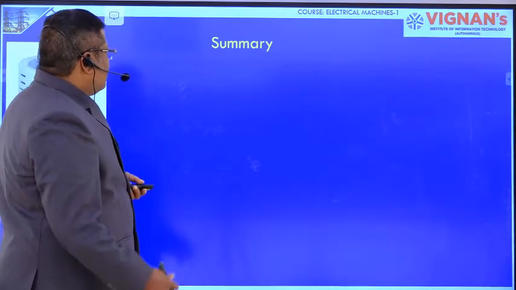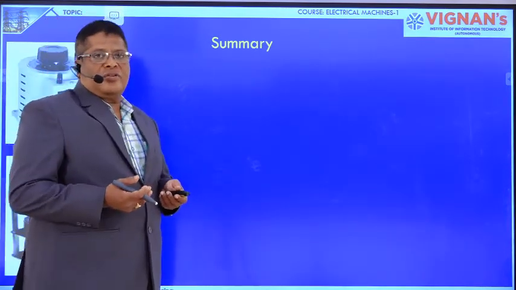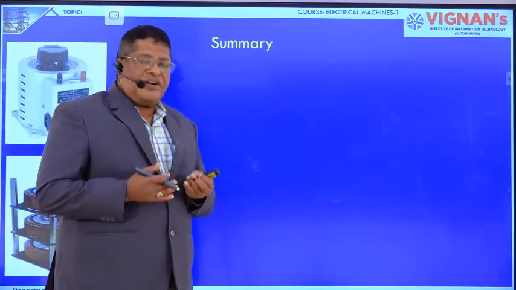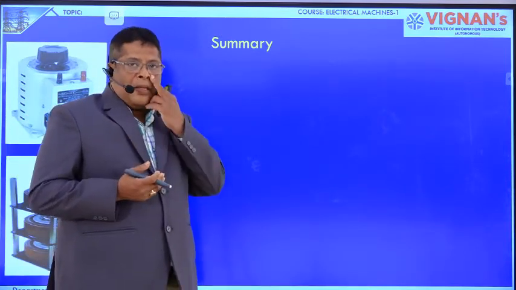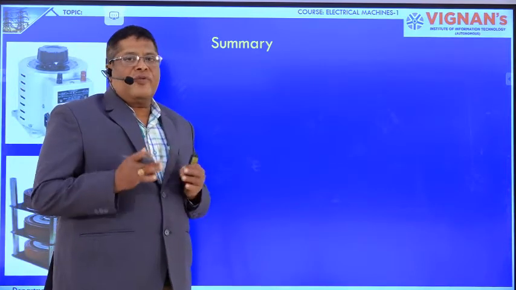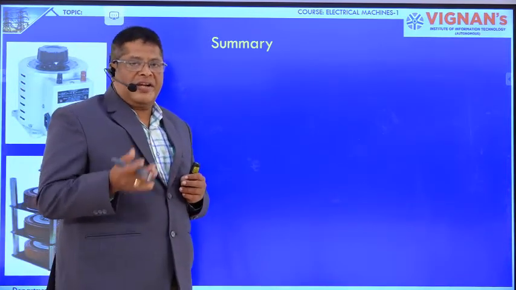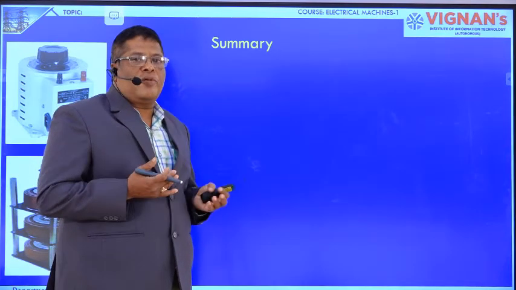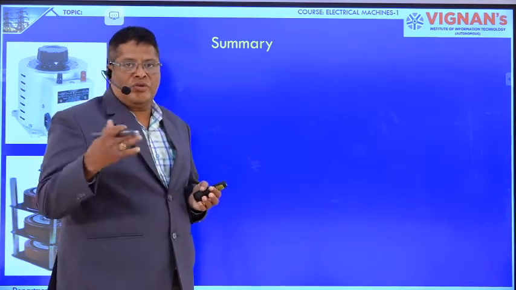Summary. Up to here we have discussed what an auto transformer is. An auto transformer basically operates on mutual induction. Some portion of the winding is common to both primary and secondary winding. Next we have seen how the auto transformer operates in no load condition as well as loaded condition.